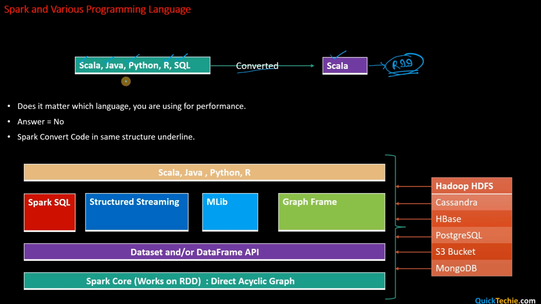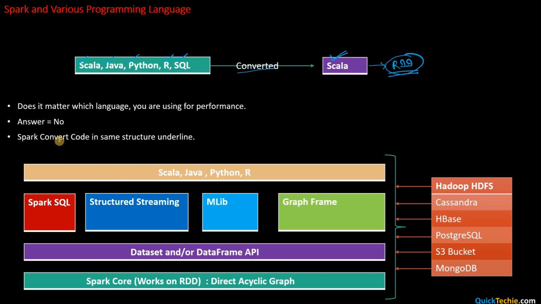It doesn't matter for Spark, because Spark internally converts it into Scala and then RDDs, and those RDDs are executed. Only your high-level language changes, but internally it is converted into the same structure that is executed in the Spark core framework.